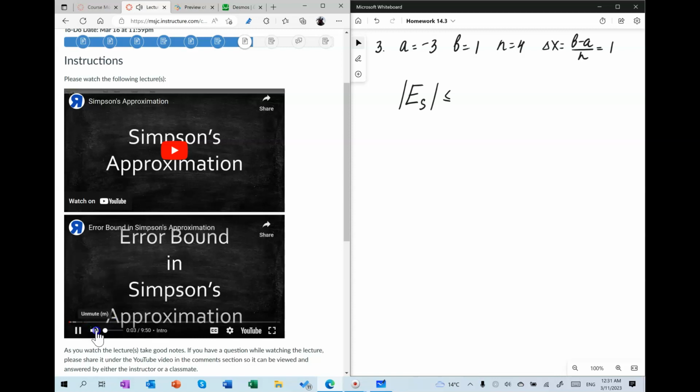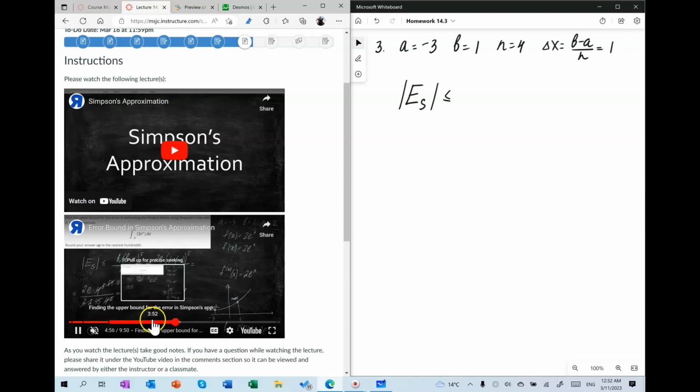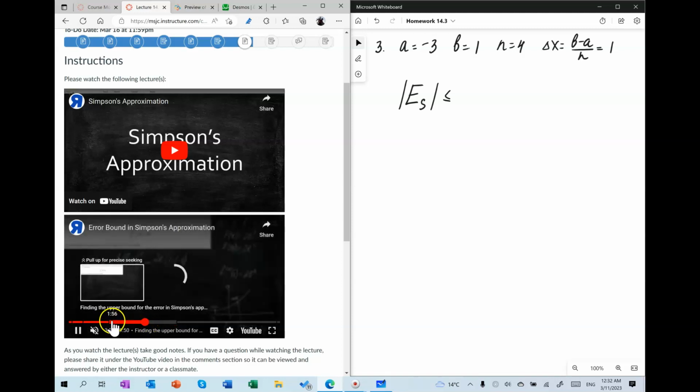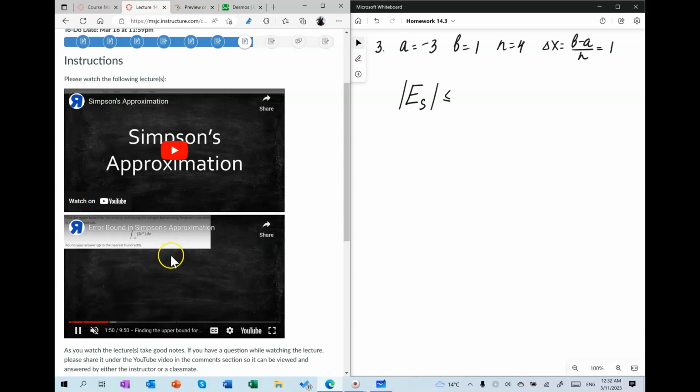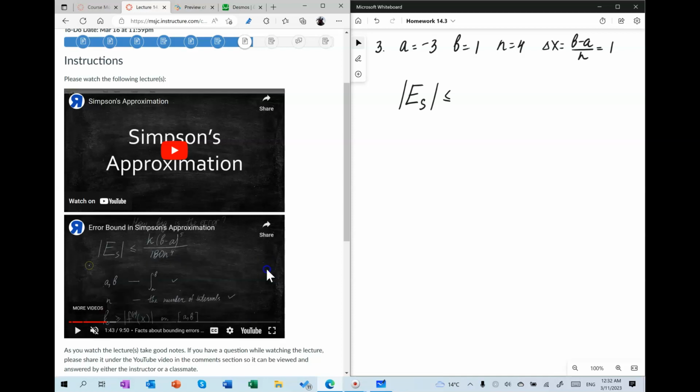I think it's right over here. I think it's an example. Oh yeah, there it is. So the formula is k times (b minus a) to the power 5 over 180 n to the power 4.